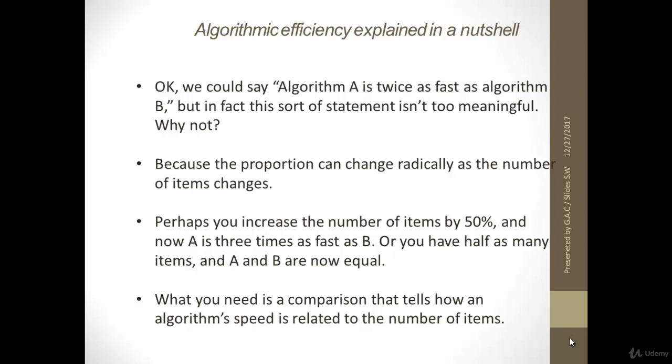The number of items plays an important role. So to make it meaningful, you need a comparison which tells how an algorithm's speed is related to the number of items.